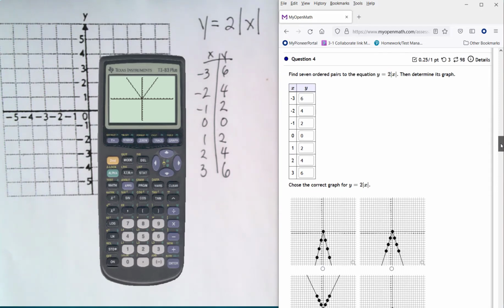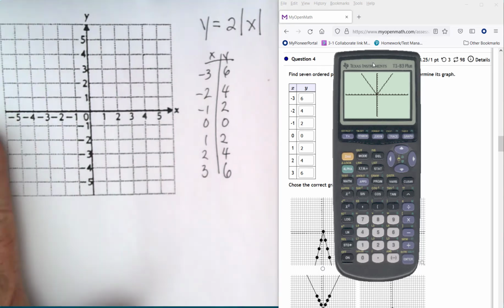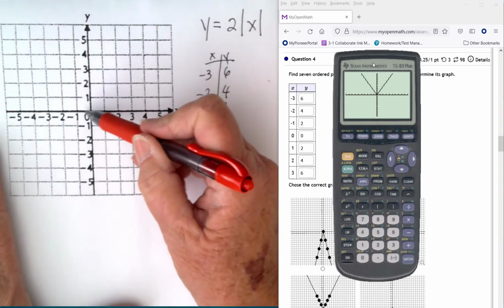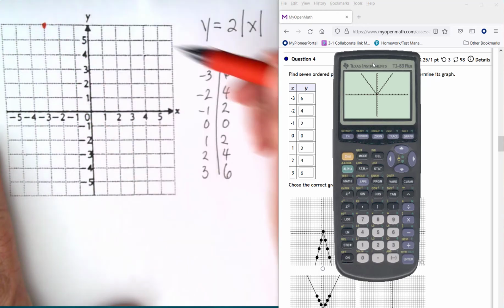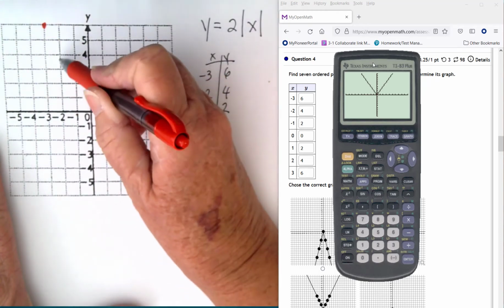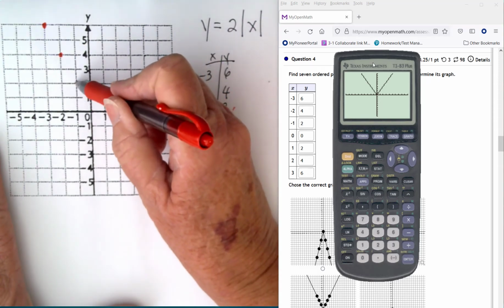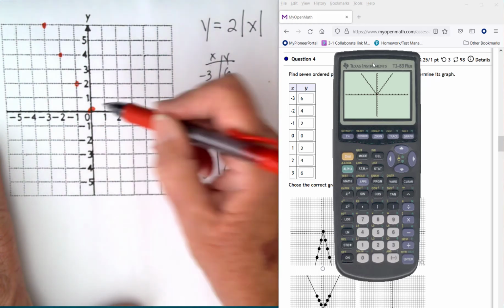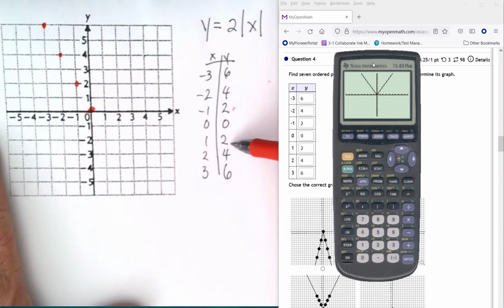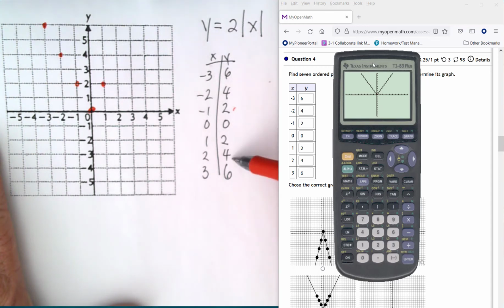Let's go to plot these by hand and make sure our picture looks right. So -3, 6. So -3, +6 will be on the edge of our grid. -2, 4. -1, 2. 0, 0. 1, 2. 2, 4.